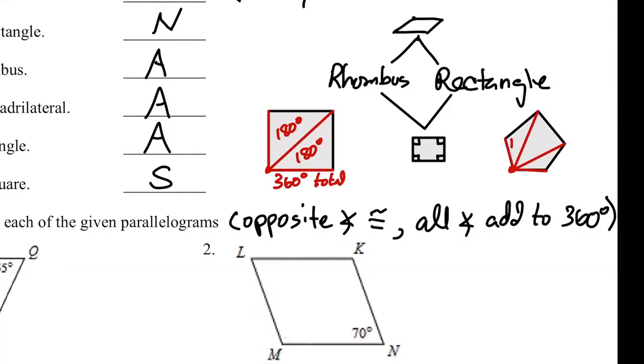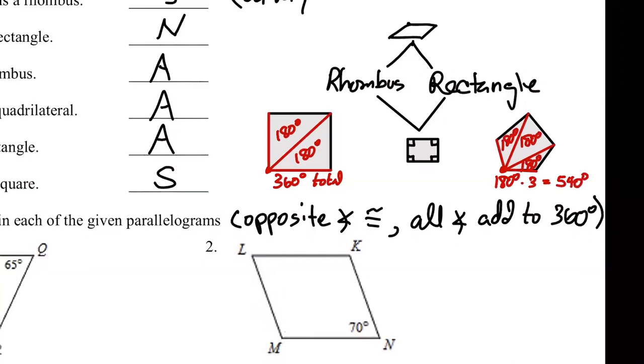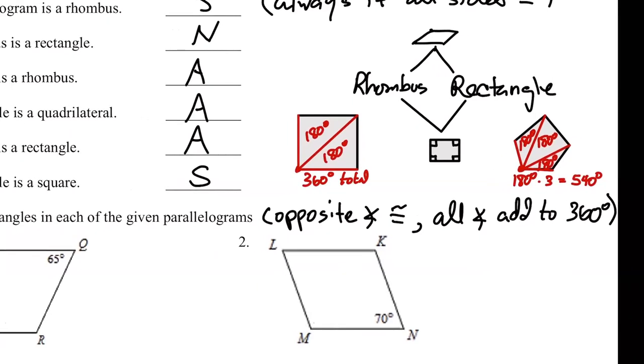Each triangle accounts for 180 degrees. That would be 180 times 3, which would be 540 degrees. Right. So it's a nice little shortcut for getting you the total number of degrees within any kind of figure.